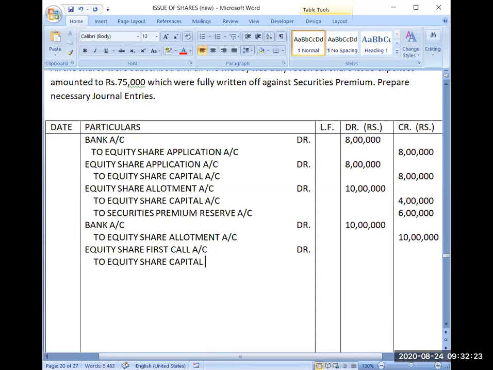Again, there is no premium at this stage, so that's why this will be the entry only. 2 lakh shares are there and rupees 2 per share is the amount. So that's why 4 lakh will be due on first call.